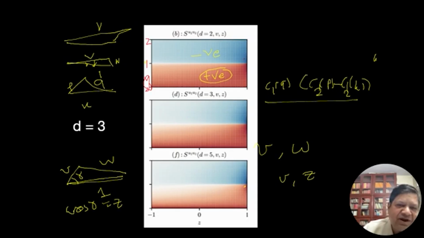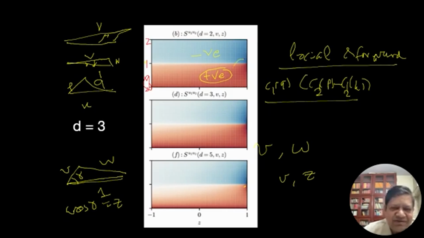Here the larger one is taking from 1. So this is giving us the idea that energy transfer is local and forward. That's what this picture tells us.